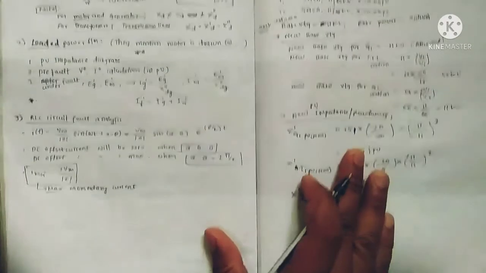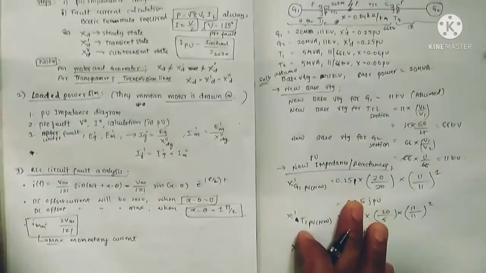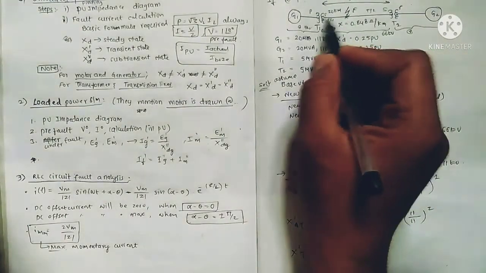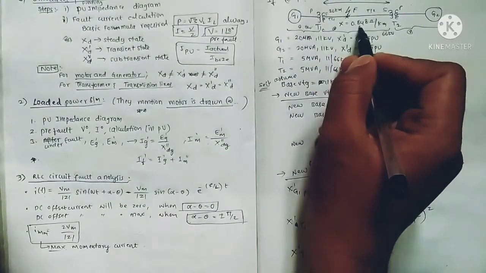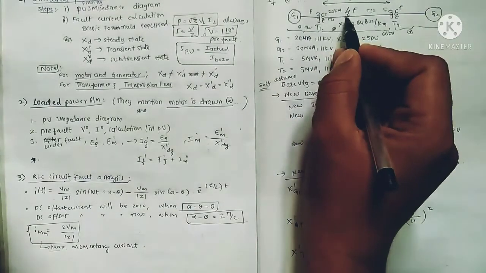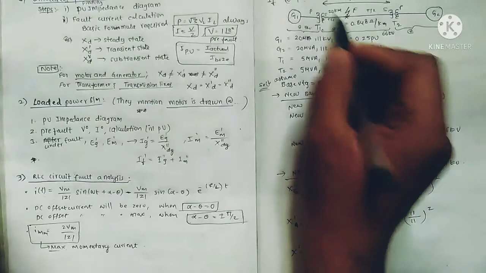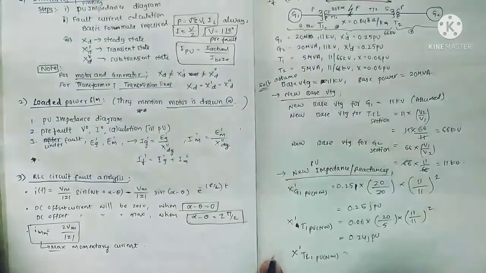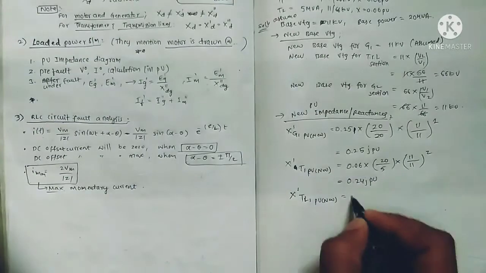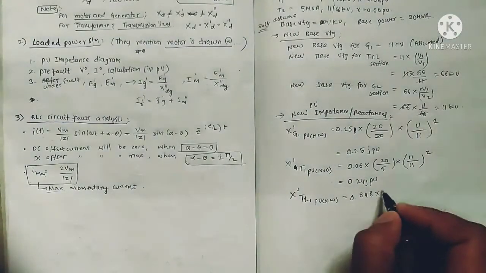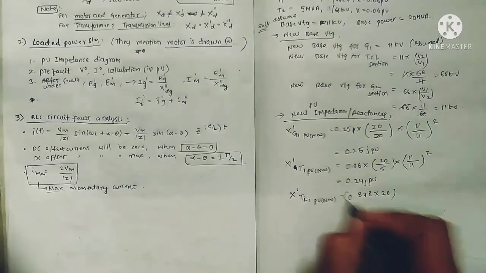I'm taking this line, TL1, this much only. Since X is given as 0.48 per kilometer, we need it for 20 kilometers, as the fault has been mentioned at 20 kilometers. Therefore this reactance is multiplied by 20, 0.848 multiplied by 20 kilometers.